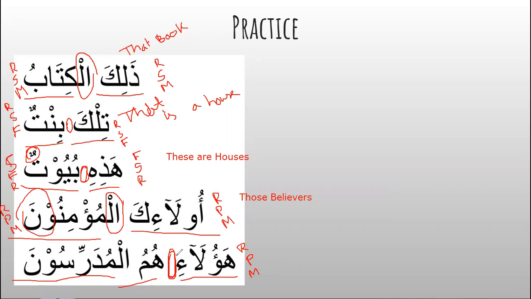Okay, so haulai humul, and then comes hum, and we know hum, original pronouns, are always rafa, and hum is plural and masculine. So haulai hum means these are, and it's a complex thing over here.